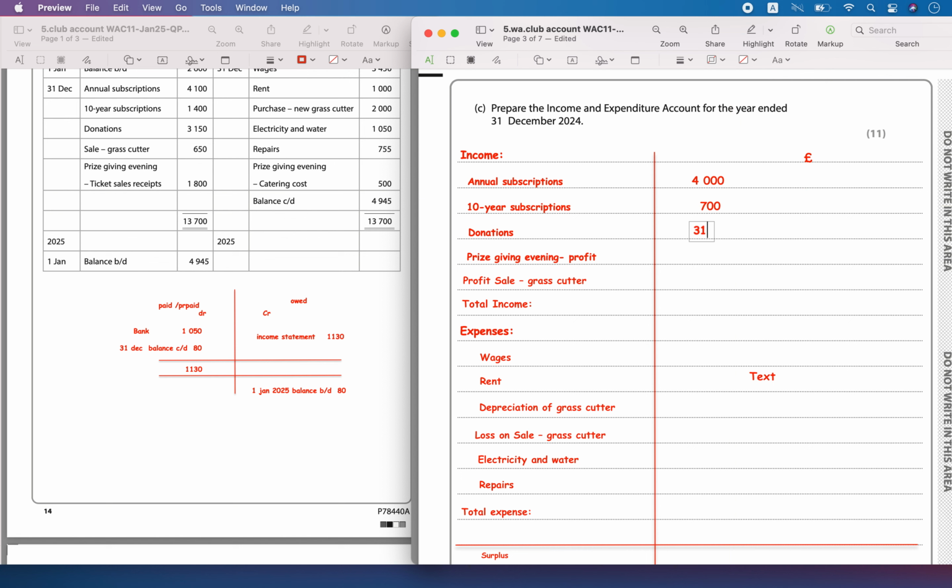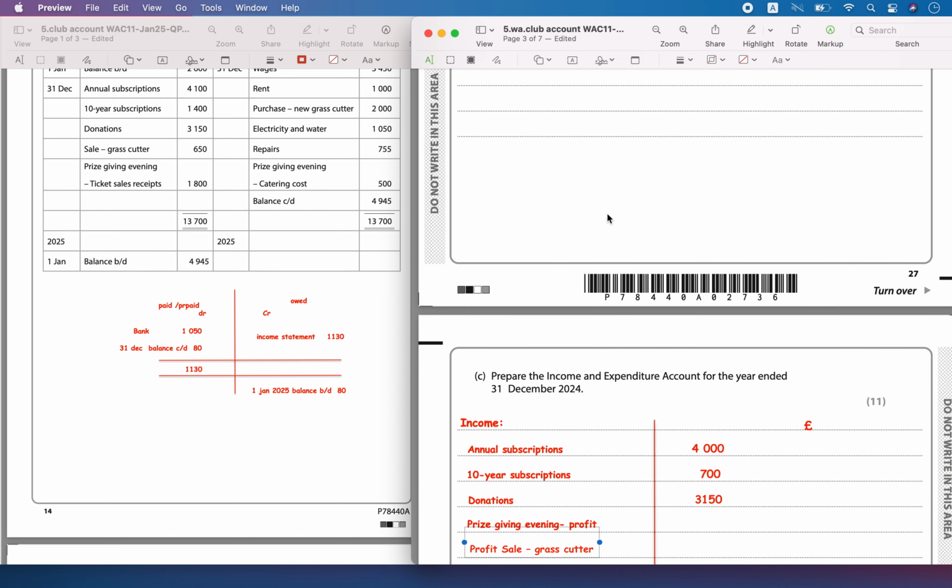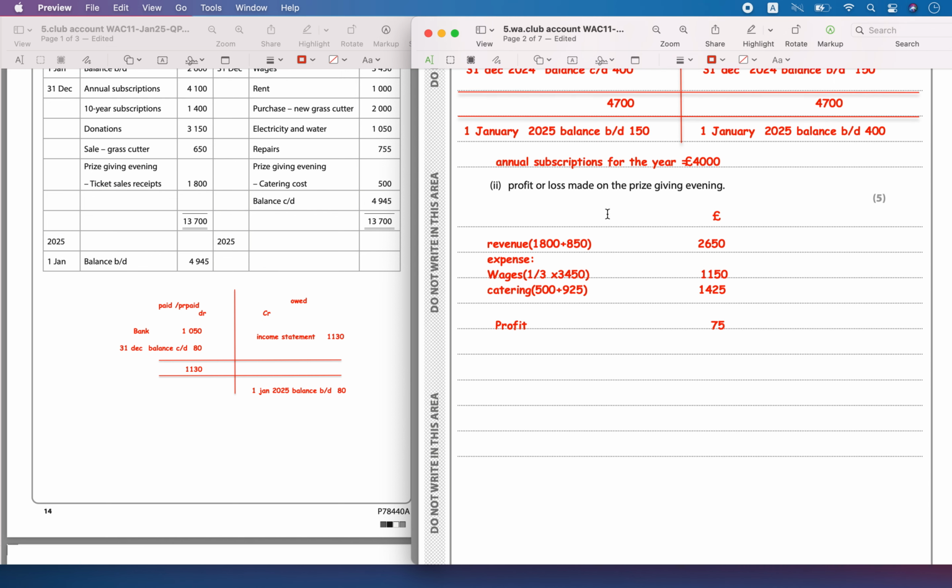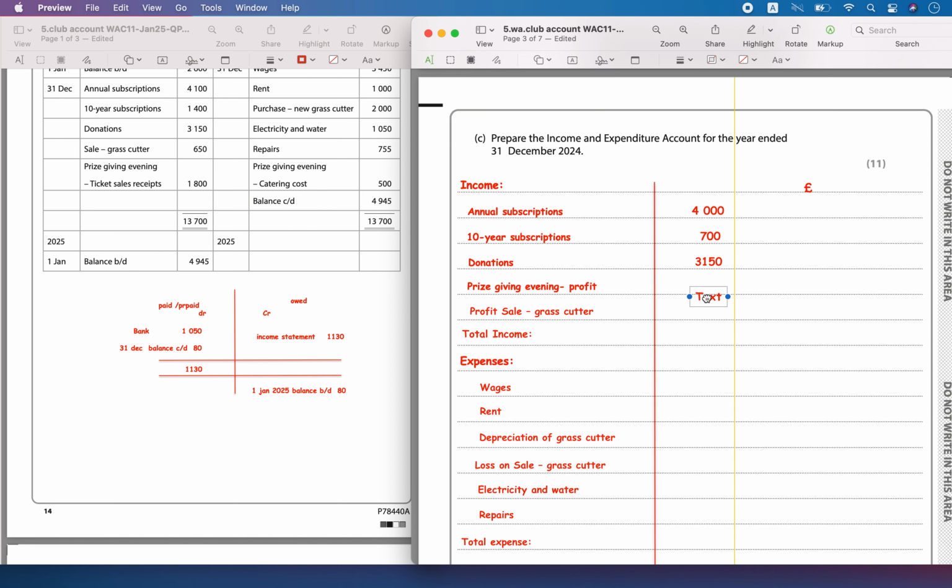Then the prize giving evening profit. It was already calculated in the previous question. It is 75. So let's write 75.